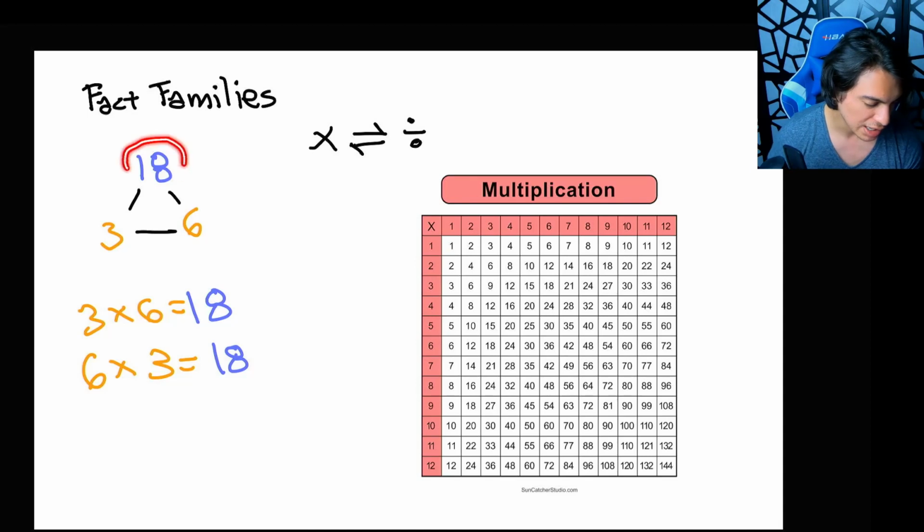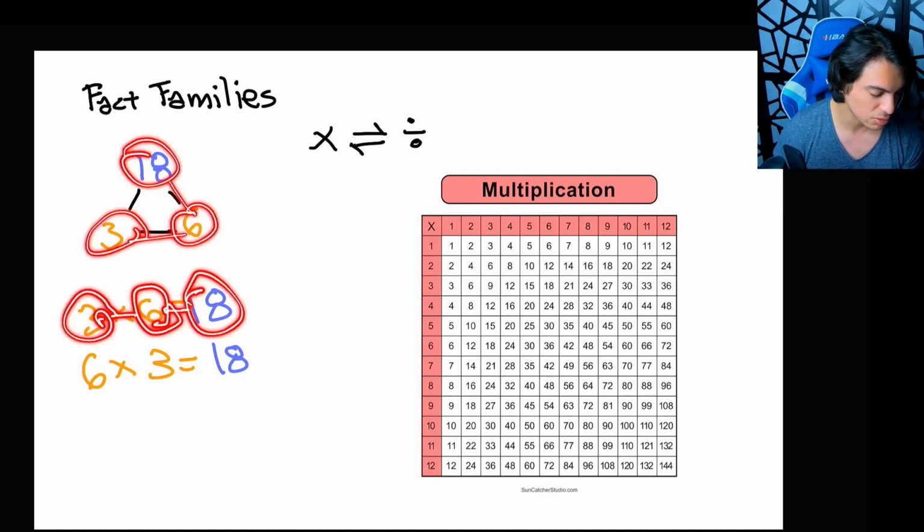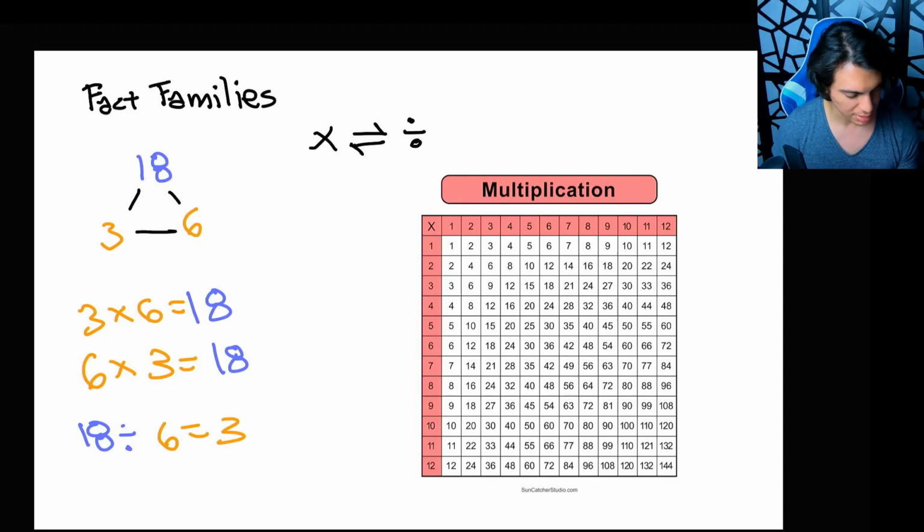So 18 divided by 6 equals 3. And I want you to see how that's an exact opposite. 18 divided by 6 equals 3.